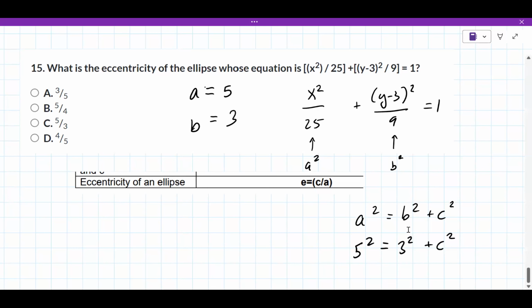It'd be 25 equals 9 plus c squared. Good. Minus 9. 16 equals c squared.